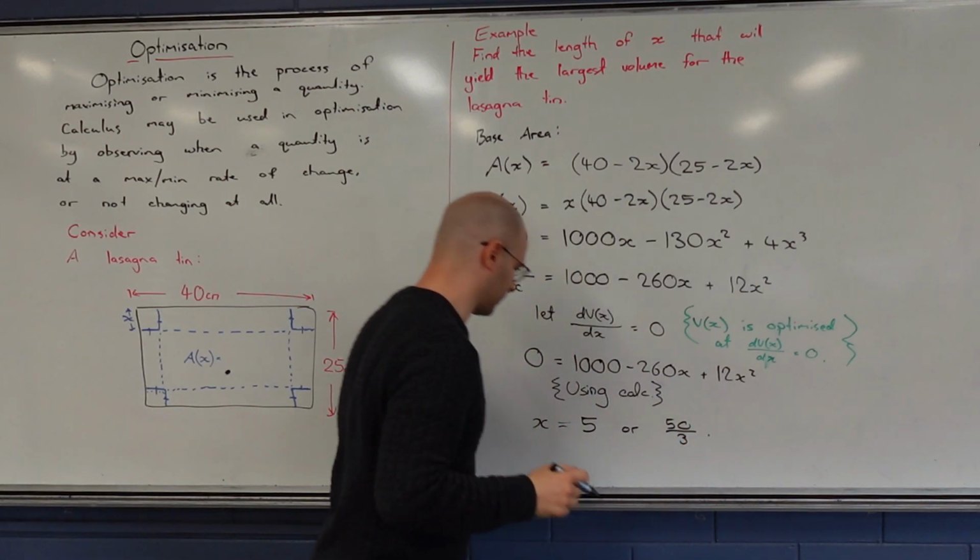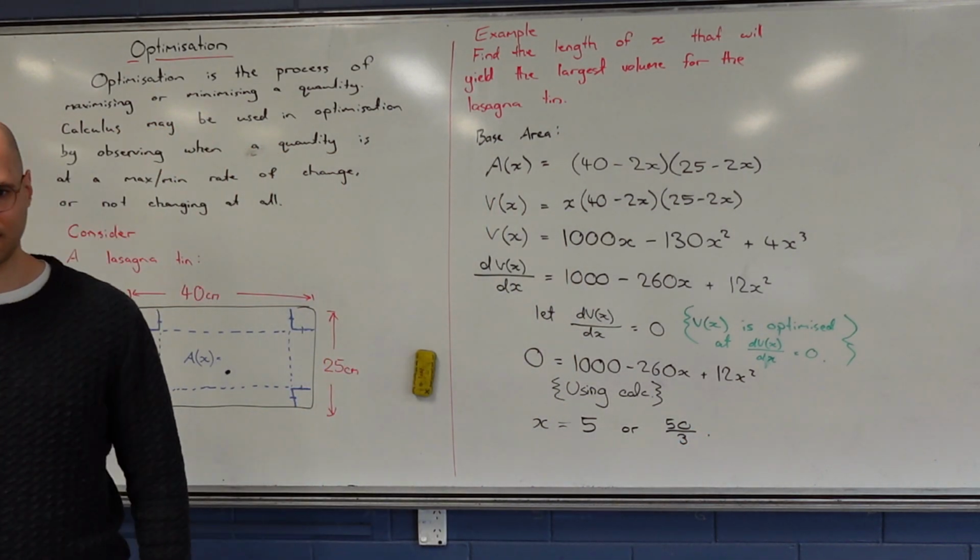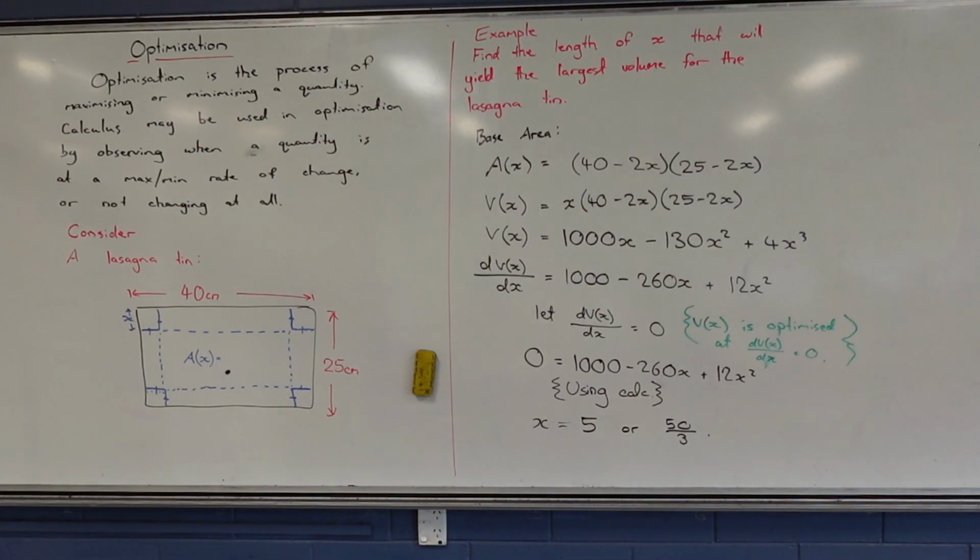Now the question is, which of these answers actually make sense? Think of the context of the problem here. 5 centimeters. Now, to make it more apparent, what are the values of x that we could actually have here?